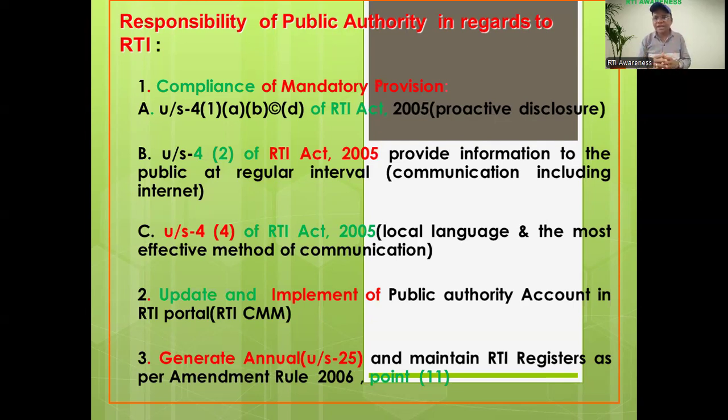Then 4(1)(b) says that every public authority has to disclose its institutional information within the 17 manuals, both in English and vernacular. Then 4(1)(c) is the formulation of policy, which of course is made by the department. And 4(1)(d) is quasi-judicial decisions.